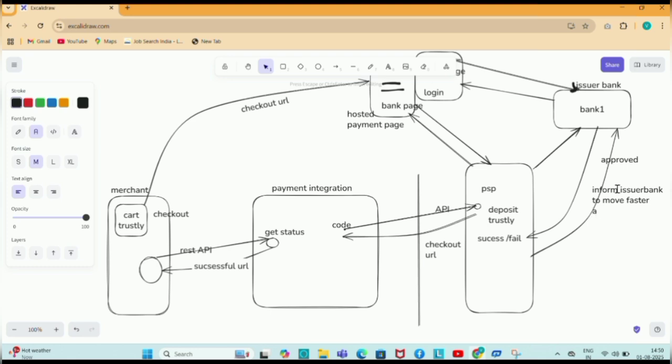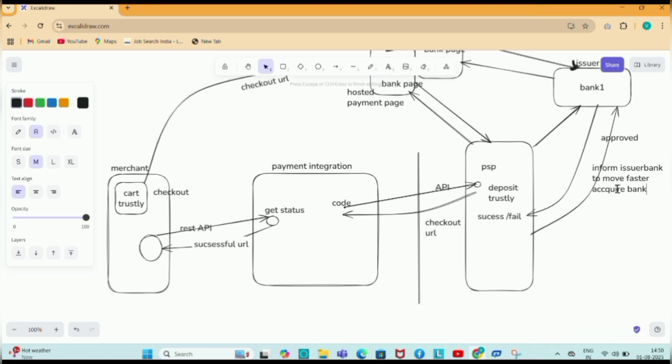It informs the issuer bank to move the funds to the acquirer bank. It is an acquirer bank.